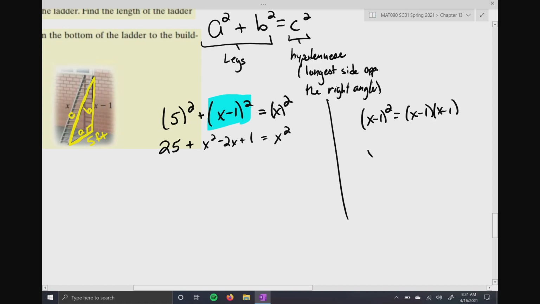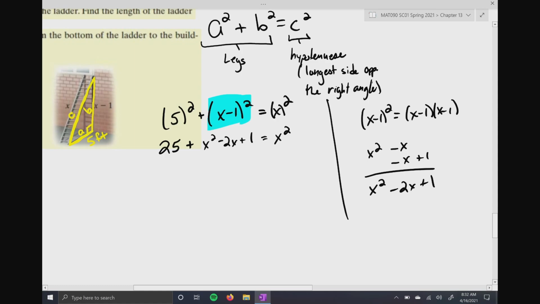So you're going to get x squared minus x plus 1, which is x squared minus 2x plus 1. If you wrote x squared minus 1 or x squared plus 1, you broke my heart on a Friday.